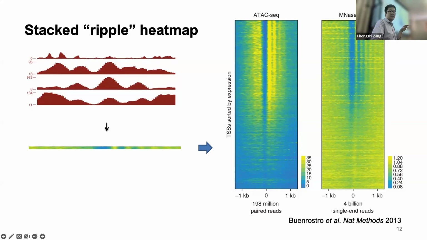If it's higher in the genome browser, we give it a denser color. If it's lower, we use a different color. In this way, we have one row with different colors. Now if we have hundreds of different rows, we can align them and stack them together to generate this type of heat map.